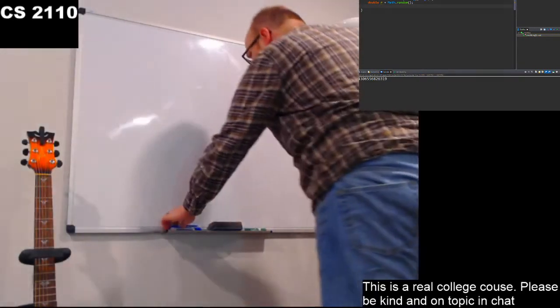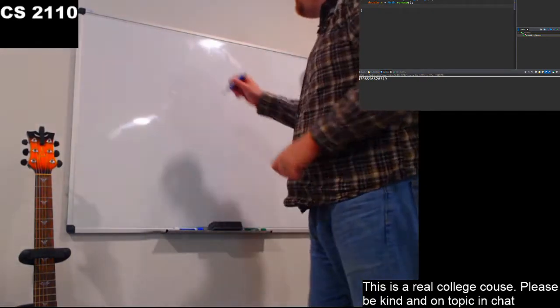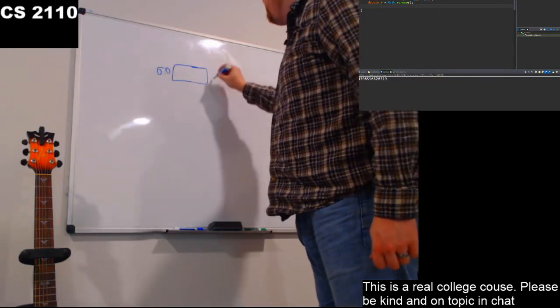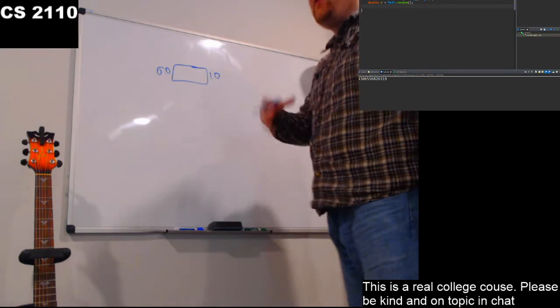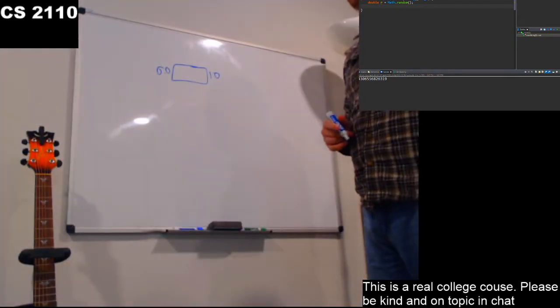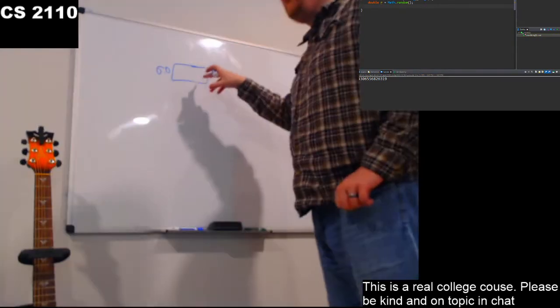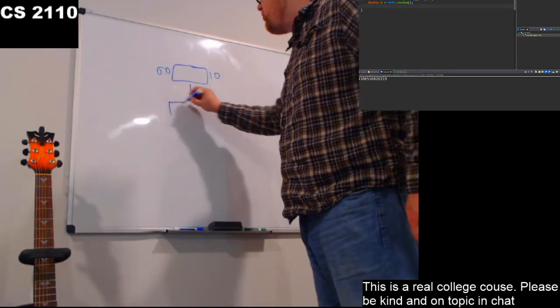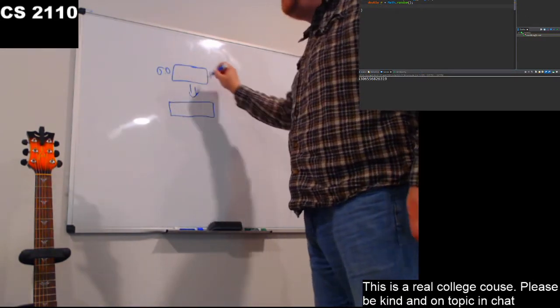I want to go from 0 to 1. That's the range I want to start from. I want to turn it into a discrete range. This is a continuous range.